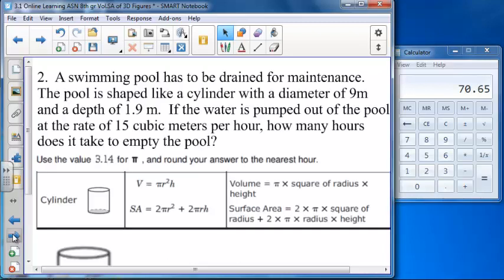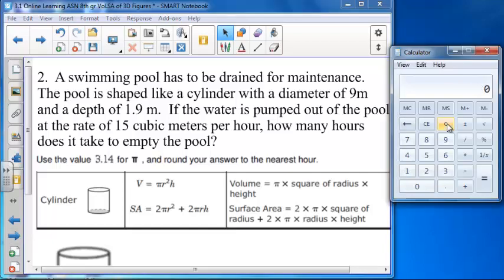Question number 2. The swimming pool has to be drained for maintenance. The pool is shaped like a cylinder with a diameter of 9 meters and a depth of 1.9 meters. If the water is pumped out of the pool at the rate of 15 cubic meters per hour, how many hours does it take to empty the pool?